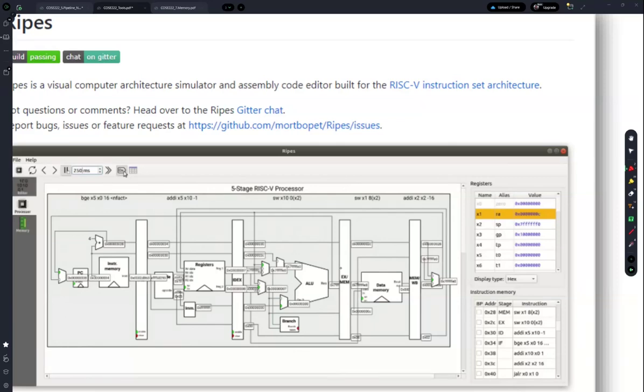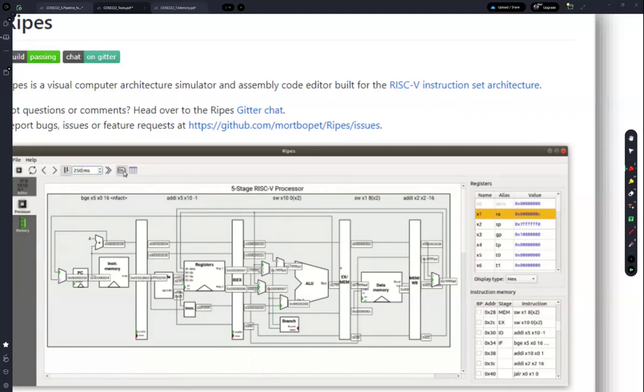Then the contents of the datapath elements of this RISC-V 5-stage pipeline architecture, and it's a graphical tool. Okay? So if you use these tools, I believe you can easily understand how the instructions are executed, and how the instructions change the content of the datapath elements.